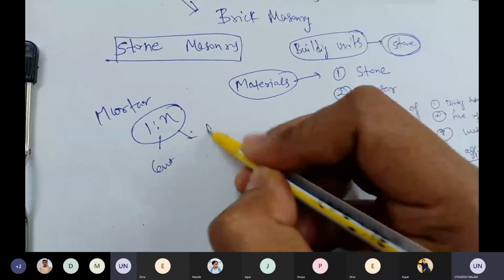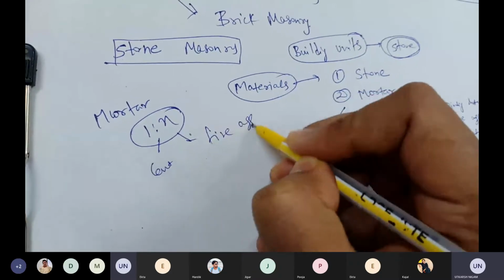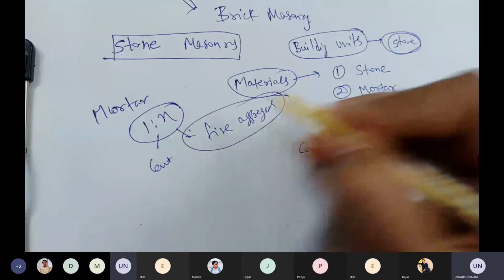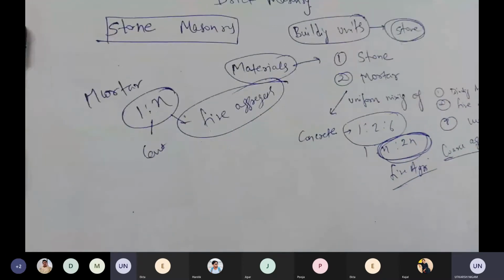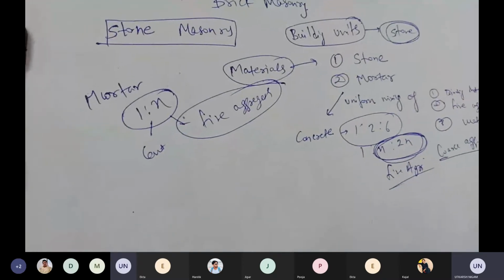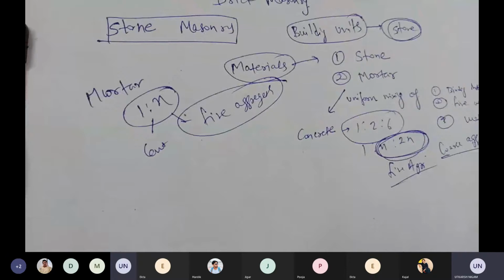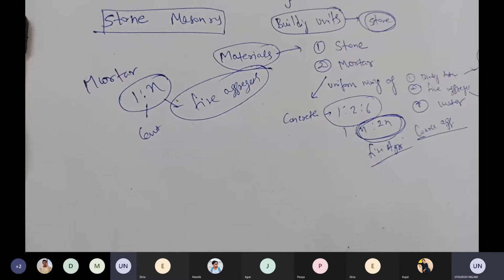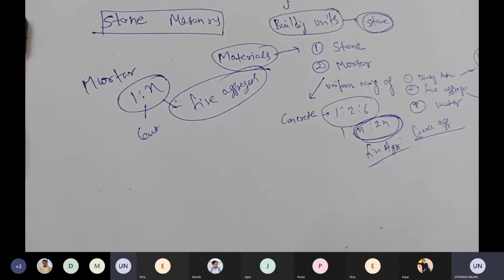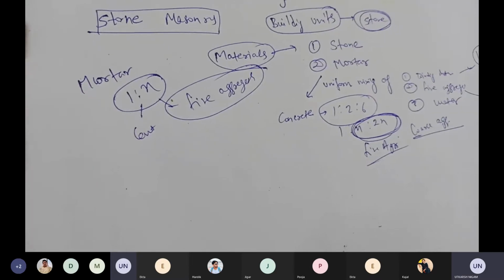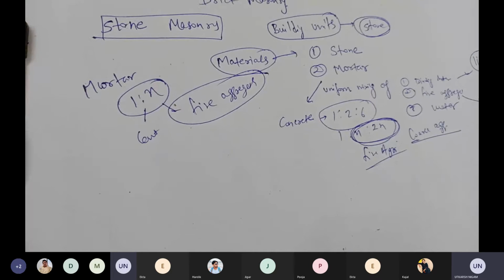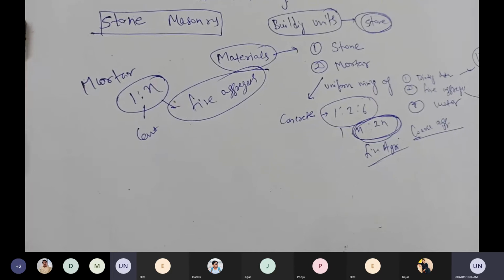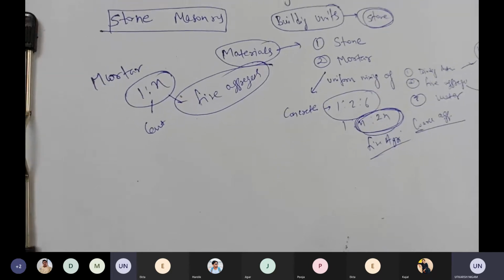So fine aggregates will be used in mortar, relatively less coarse as far as the building units are concerned. Then, cement mortar means cement is used, lime mortar is also used, and lime-cement mortar means lime and cement may be used.